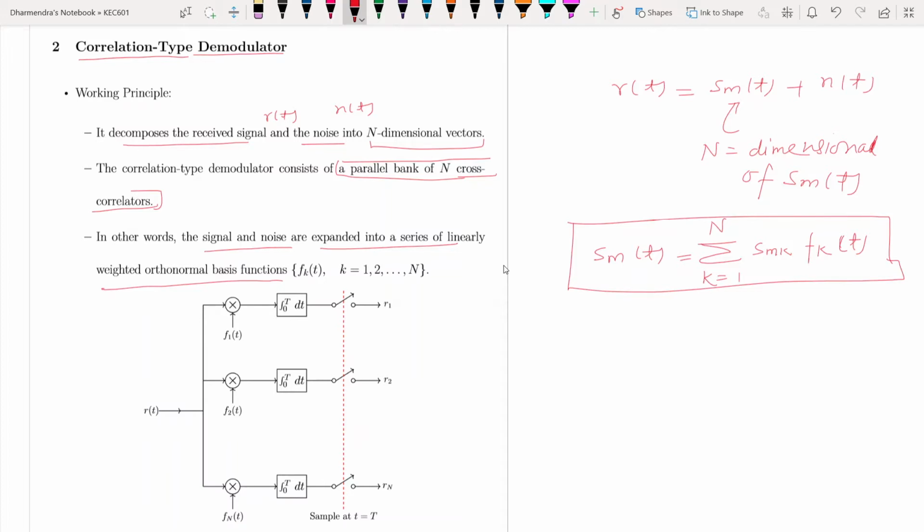If I draw the block diagram of the correlation type demodulator, this is your r(t), the received signal.